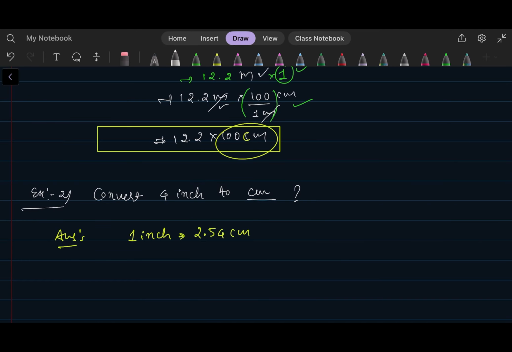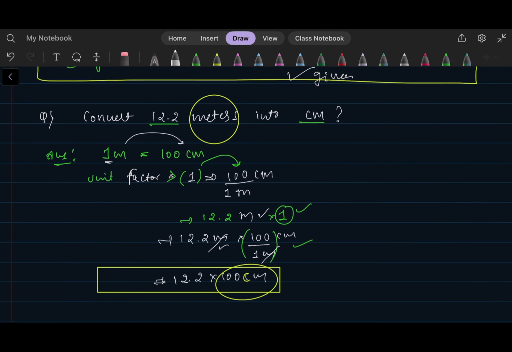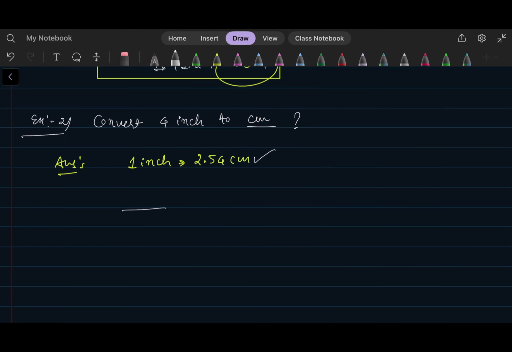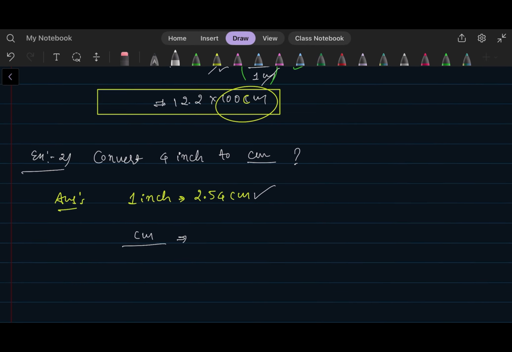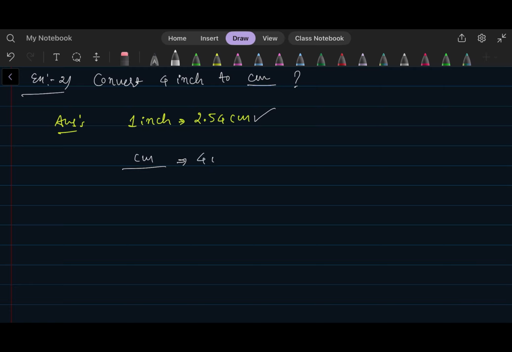Whatever unit conversion you have to do, write the information asked, in which unit they are asking, in centimeters, is equal to the information given, 4 inches, into 1. So 4 inches into 1, which we can write as 2.54 centimeters per 1 inch. We can consider this unit here.